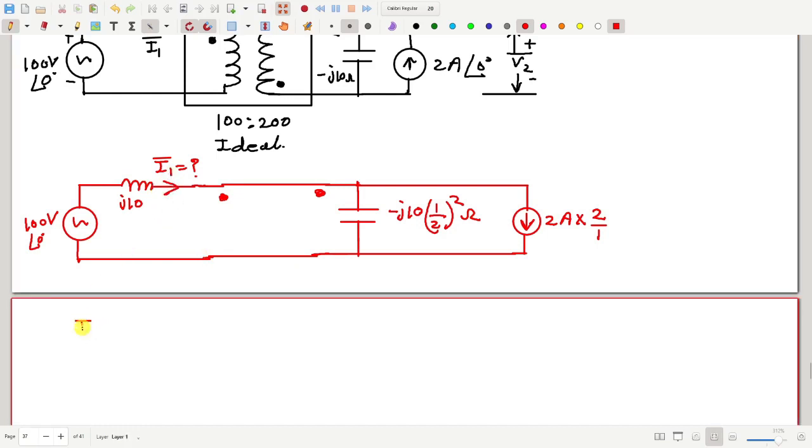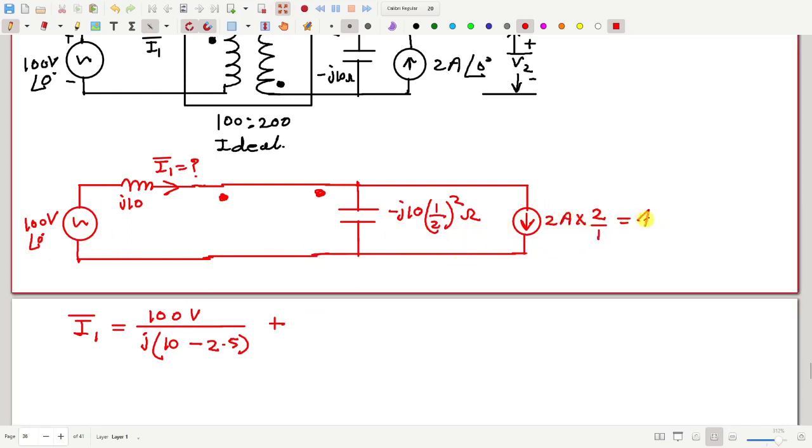So I1 will be, due to the voltage source, if this current source is not there, 100 volt divided by J10 minus this, which is 2.5. So this is the current due to the voltage source, plus the current if this voltage source is not there but this current source is there. So this is 4 ampere.